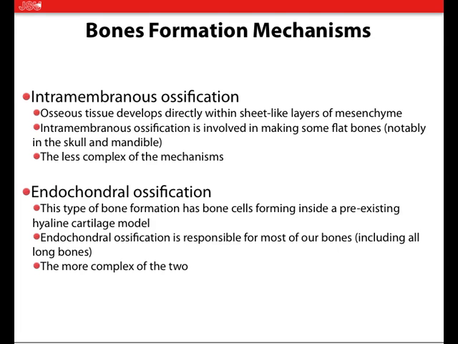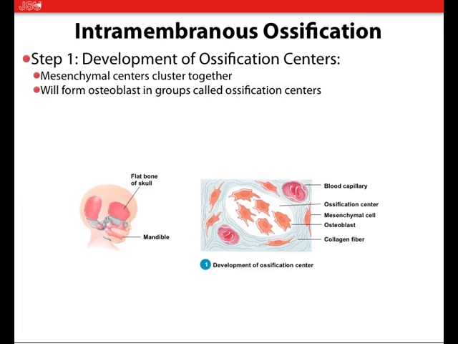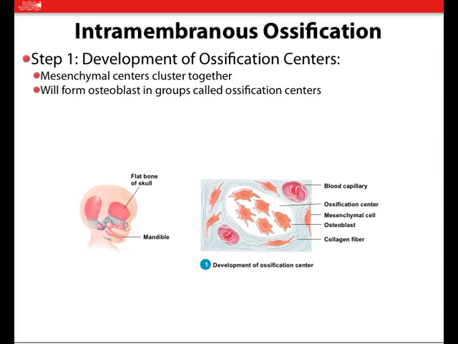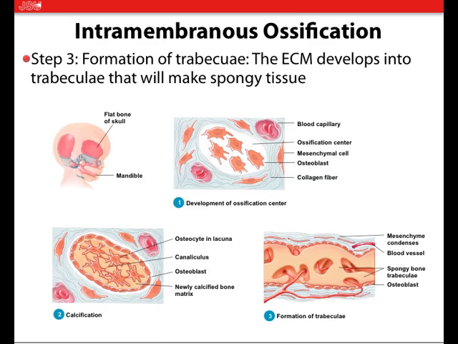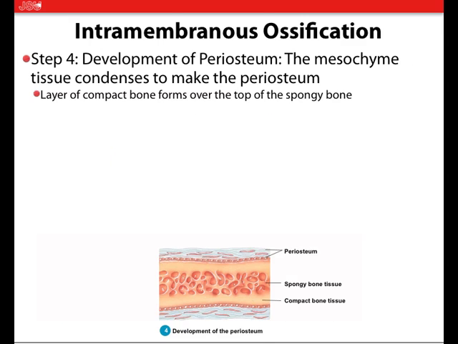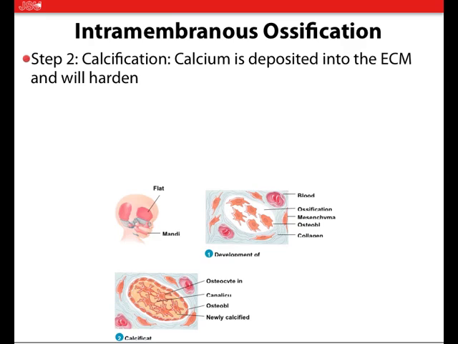Okay. We talked about 2 different types of ossification. Let's go through these. Okay, what do I want to tell you about this one? I'm going to come back in a second here. Just know the steps. That's all you need to know about these.